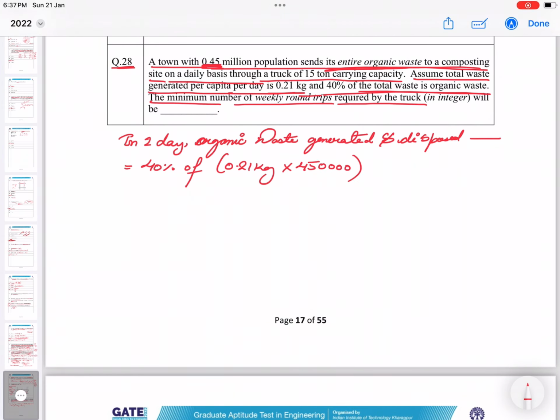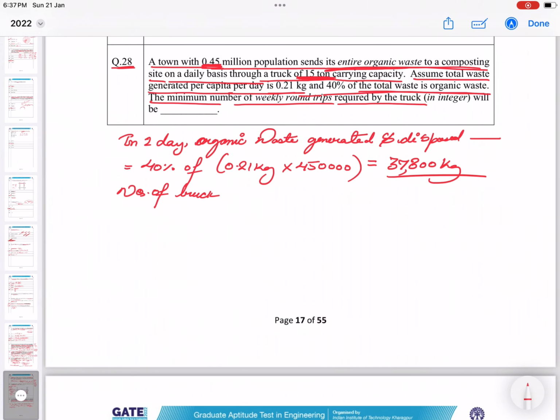I have solved it, but you guys go ahead and do it. It comes to 37,800 kg. So now the number of truck trips required.